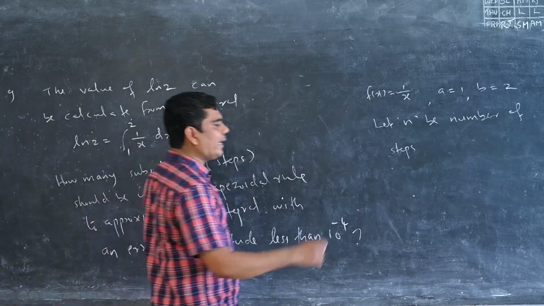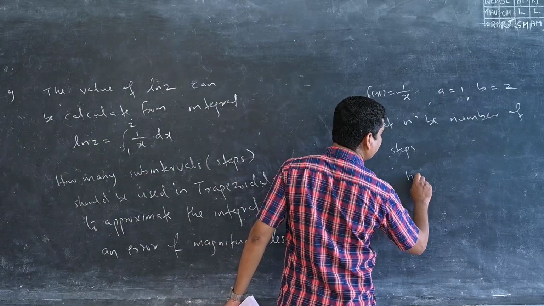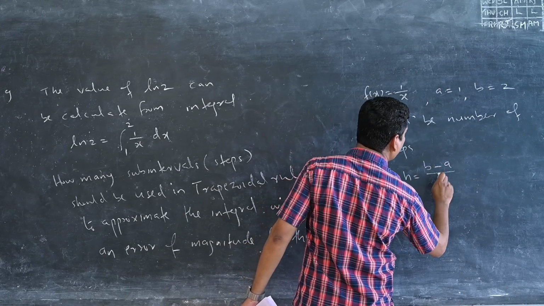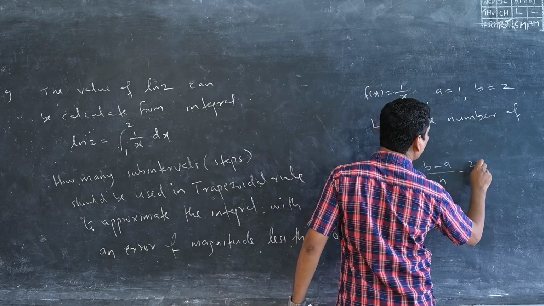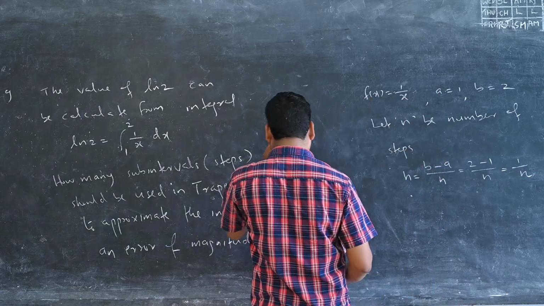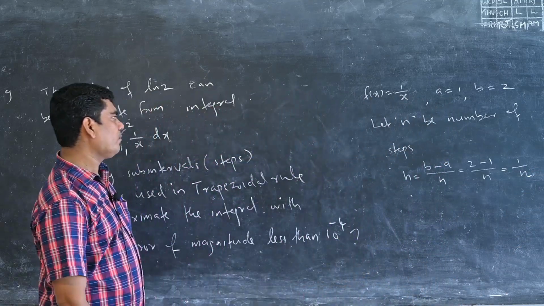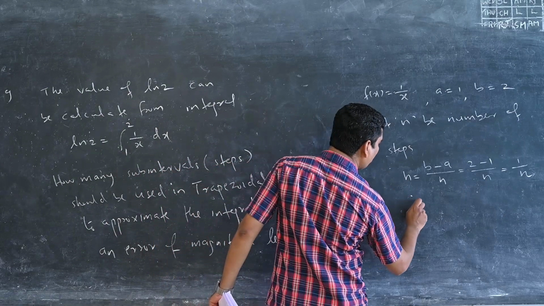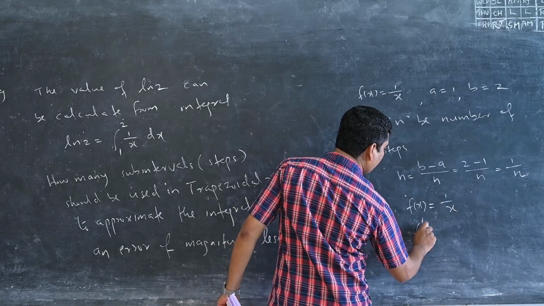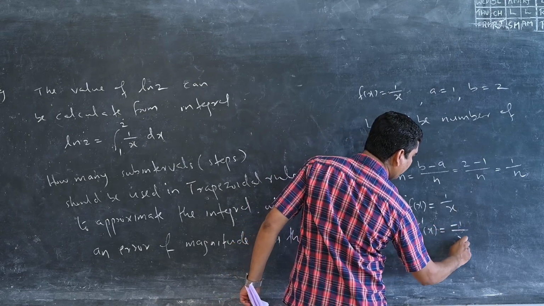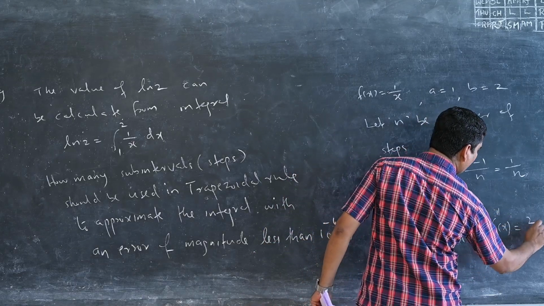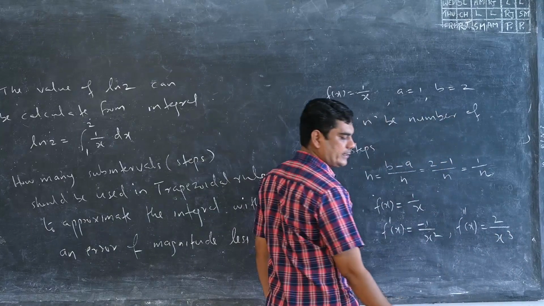Then h, the subinterval length, is (b minus a) divided by n, which is (2 minus 1) divided by n, equal to 1 by n. Now f of x is 1 by x, the first derivative is minus 1 by x squared, and the second derivative is 2 divided by x cubed.